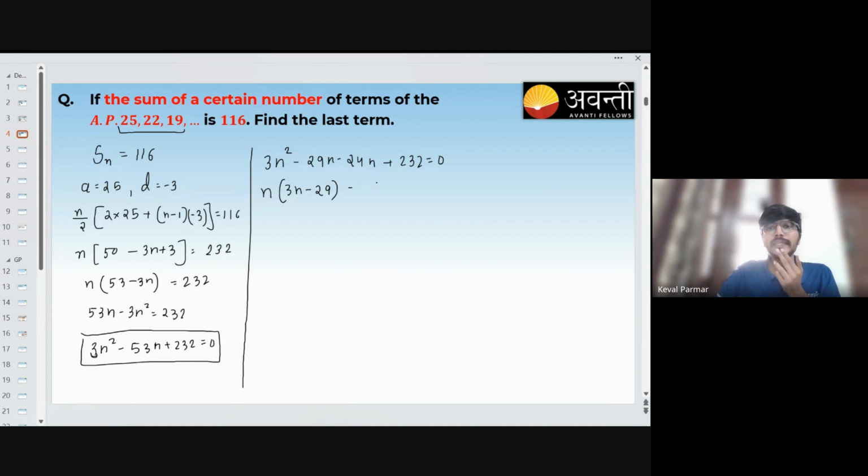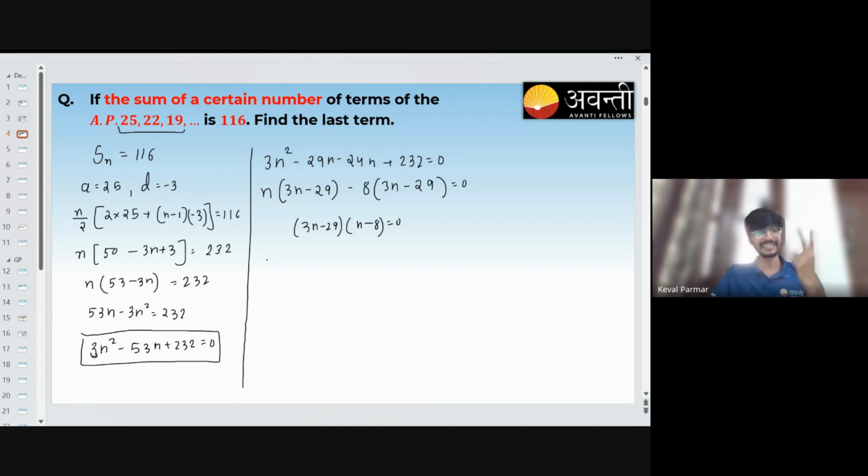What can we take common from here? Can we take 4? Yeah, I think we'll take 4 common. Like 8, we can take 8 common. So I'll take 8 common. I'll get 3n minus 29, is equal to 0. That means I got 3n minus 29 into n minus 8 equal to 0.